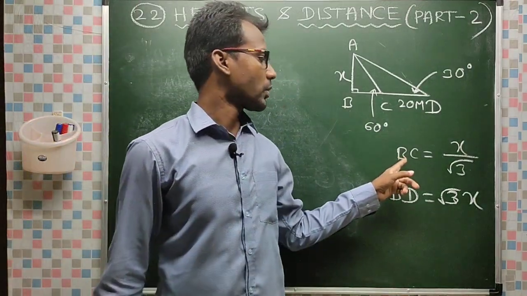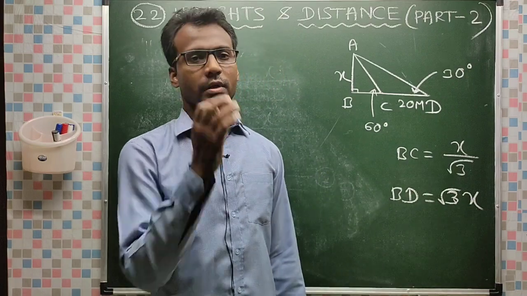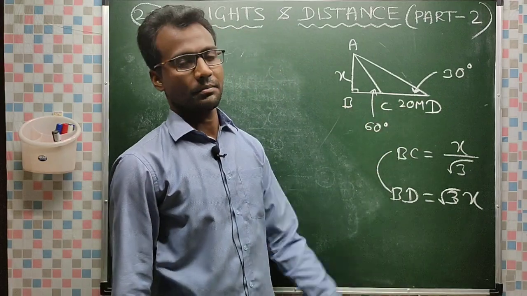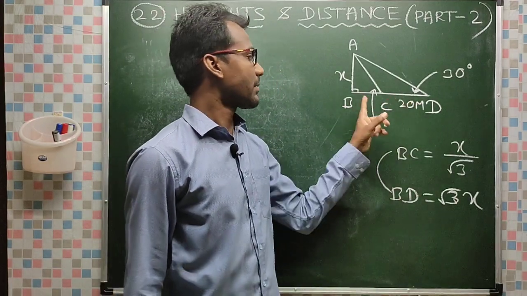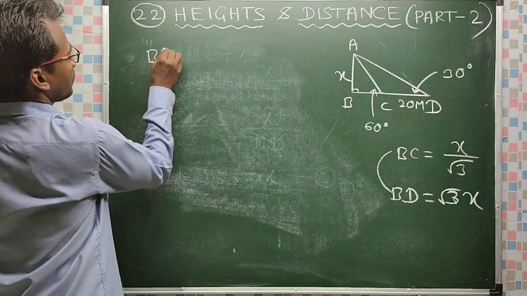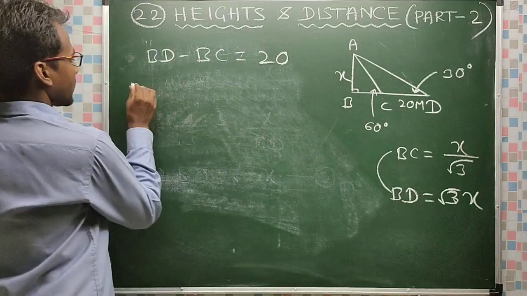Now we have got BC in terms of x, BD also in terms of x. Now let us find a relation between BC and BD. Look at the diagram. BD minus BC is 20 meters, given.